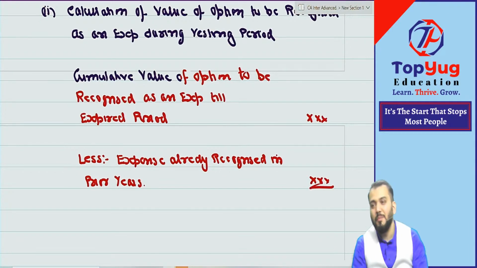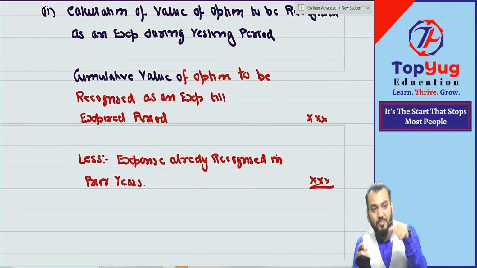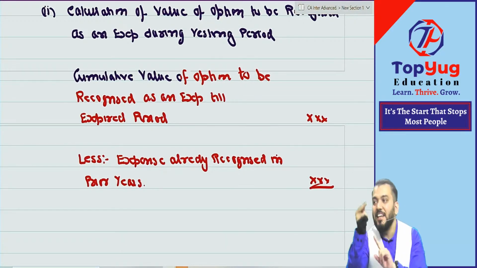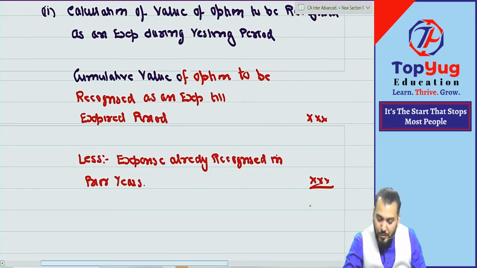So if you remember the last example we have done in 4 columns, the third column was cumulative and the fourth column was the expense of that year. The fourth column expense we calculated by deducting the expense of the previous year. Remember, the same thing I have written. I hope you have understood.